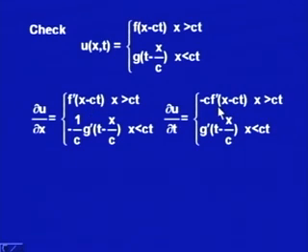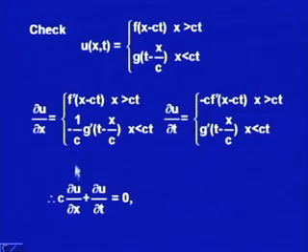This plus this would be 0, that is, c times del u over del x plus del u over del t would be 0 in the region x greater than ct. Similarly, in the region x less than ct, it would be minus g dash of t minus x by c, plus g dash of t minus x by c, and again the sum of these two would be 0. Hence, what we are getting is that this solution satisfies the given partial differential equation.